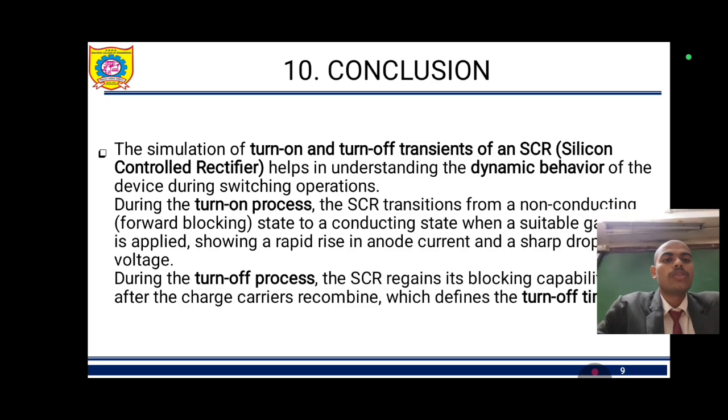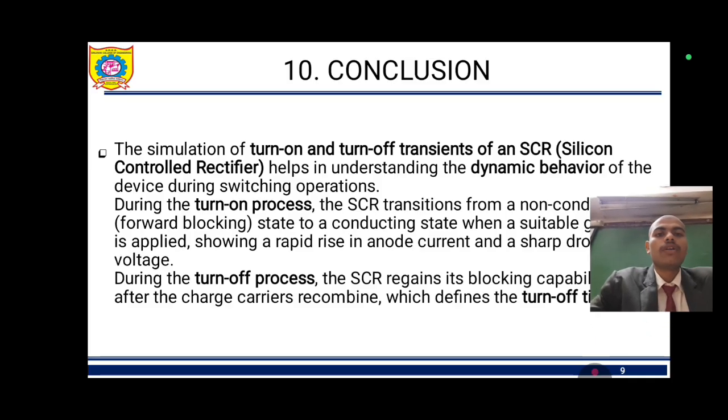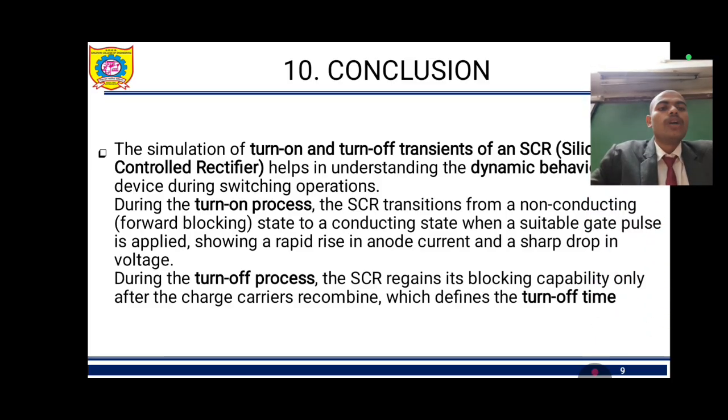During the turn on process, the SCR transitions from the non-conducting forward blocking state to the conducting state when a suitable gate pulse is applied, showing a rapid rise in anode current and a sharp drop in voltage. During the turn off process, the SCR regains its blocking capability only after the charge carriers recombine, which defines the turn off time.